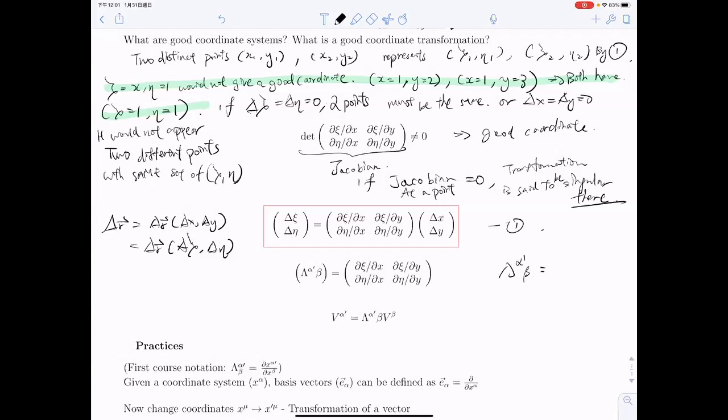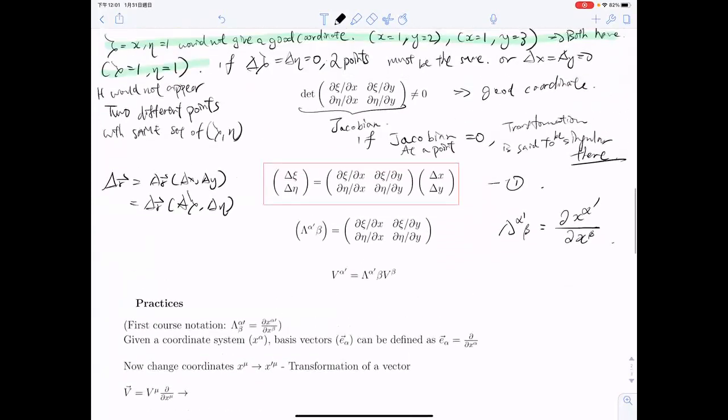Sometimes in some notes it would be represented as x alpha prime, beta, something like that, which is the same: the new coordinate system and the old coordinate system. All right, how about we write an arbitrary vector v.